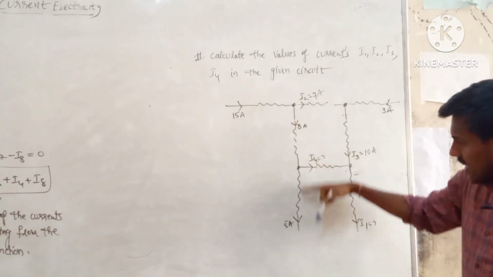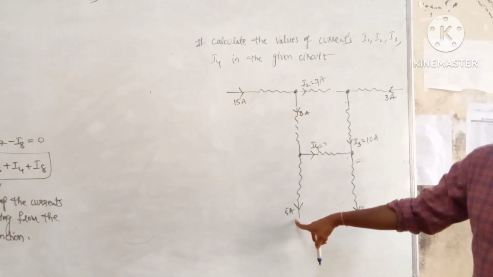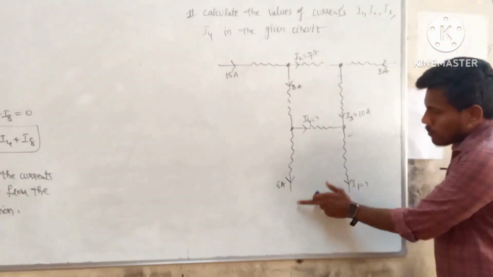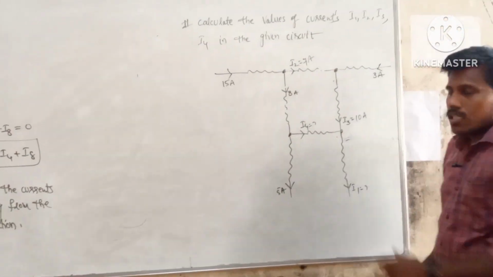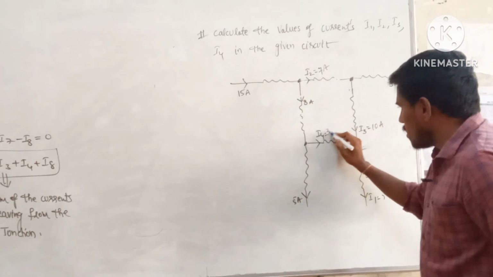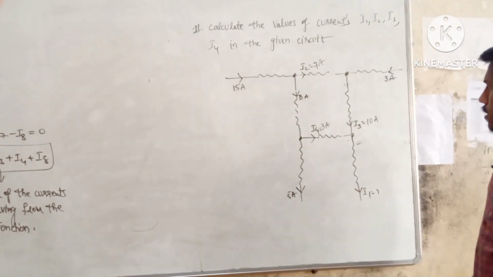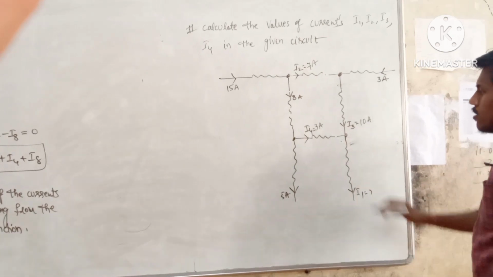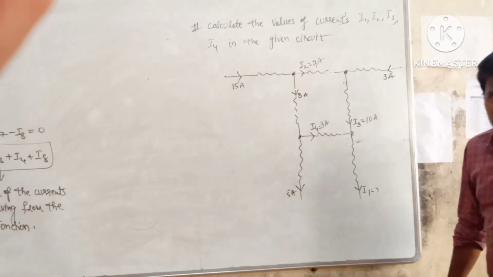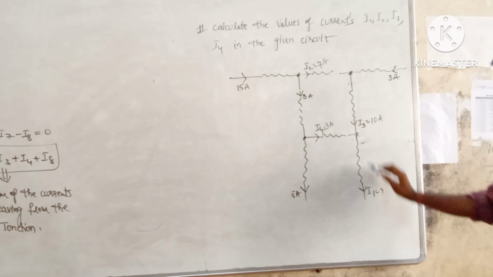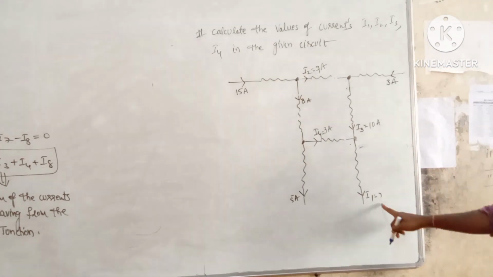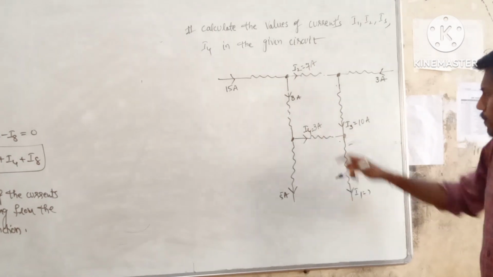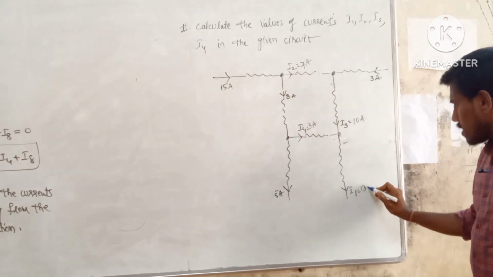In this path, what is the current? 5 amperes. So out of 8 amperes, 5 amperes is flowing like this. What is the remaining current? 3 amperes. So with respect to this junction, I4 and I3 are moving towards the junction, and finally these two currents meet here. Now the current I1 flowing through this resistor will be 10 plus 3, 13 amperes.